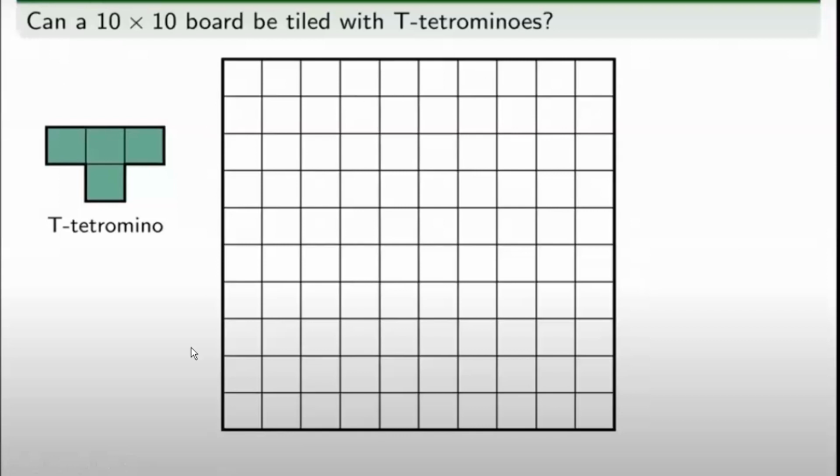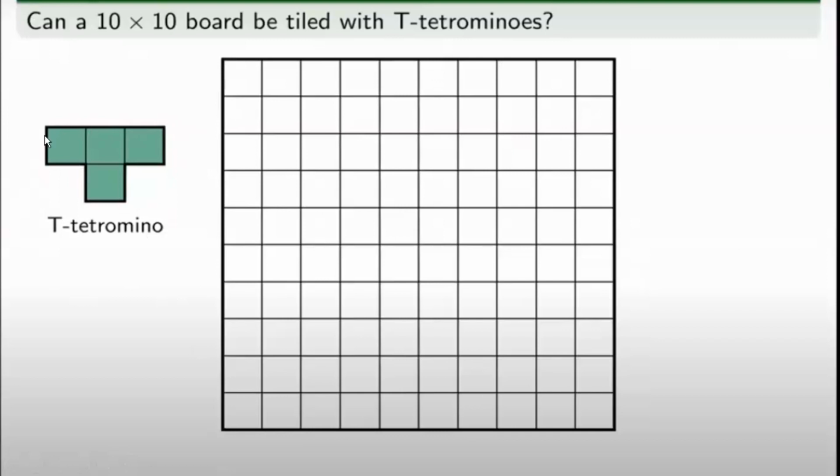Can a 10 into 10 board be tiled with T tetrominoes? A T tetromino looks like this here on the left, and we want to tile this 10 into 10 board with T tetrominoes.